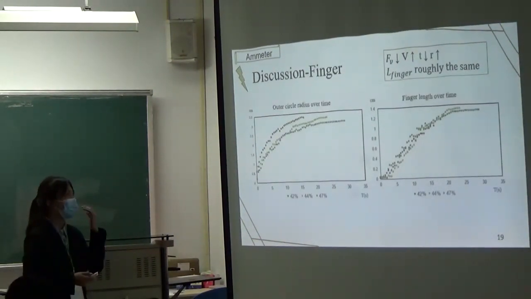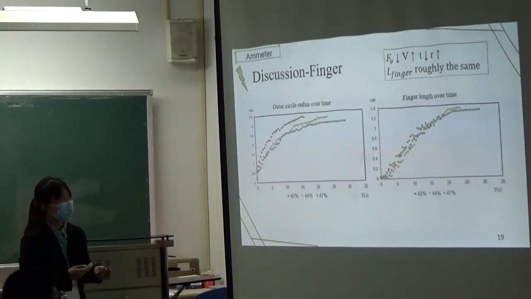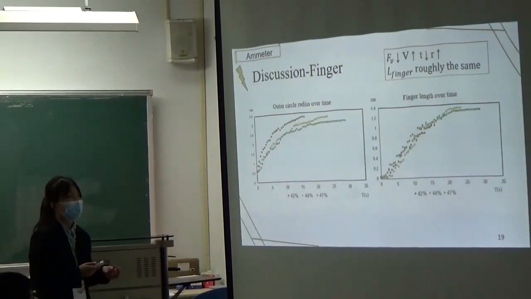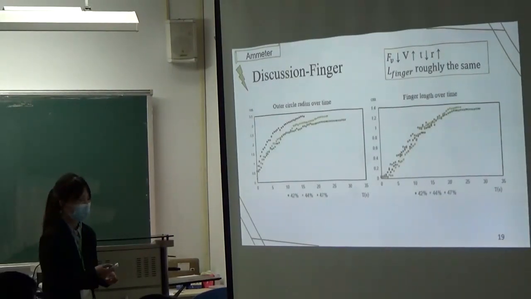And here is the discussion about the fingers. The left picture is the outer circle radius, and the right picture is the finger's length over time. And you can see that when the viscous force decreases, the expanding velocity will increase, the expanding time will decrease, the outer circle radius will increase and the finger's length will be the same.